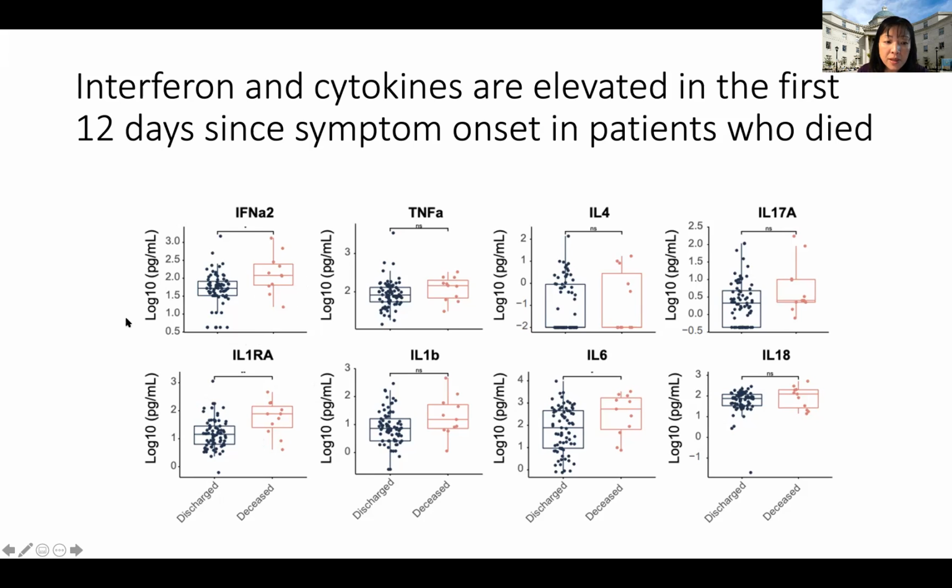So instead of having a positive impact, the elevated levels of these cytokines are associated with mortality from this disease, compared to patients who were discharged home and ultimately recovered from this infection.